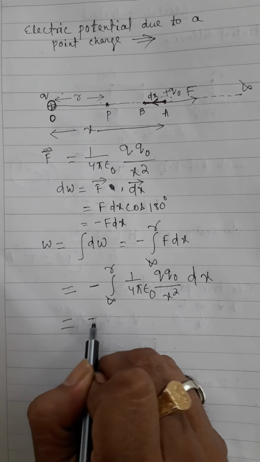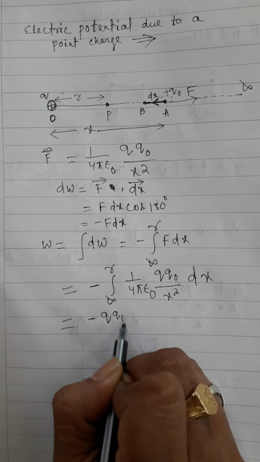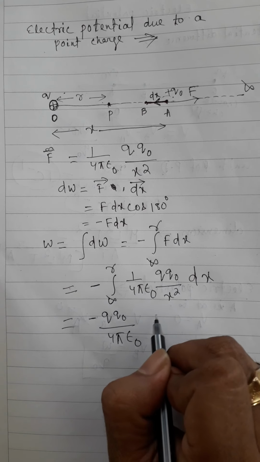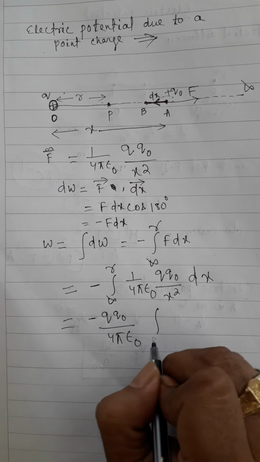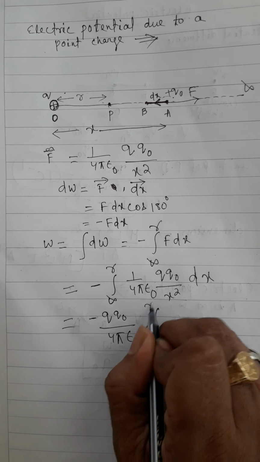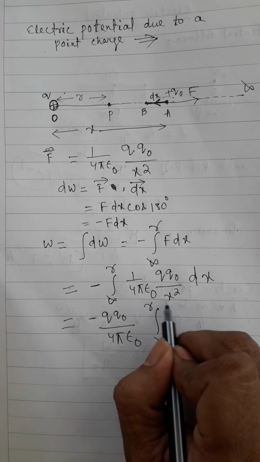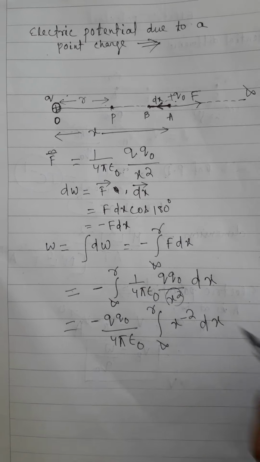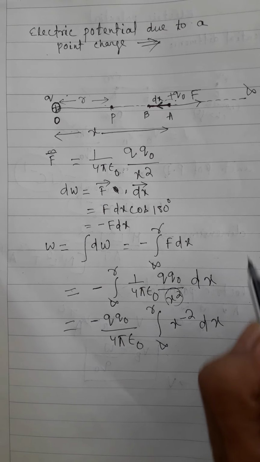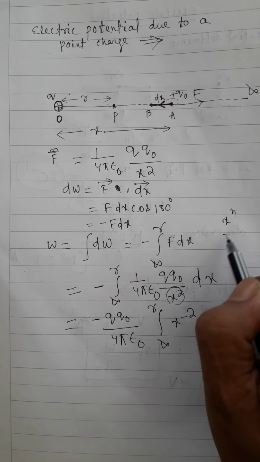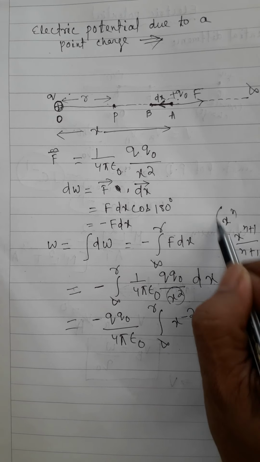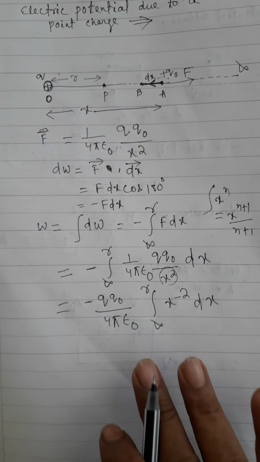Minus Q Q0 divided by 4 pi epsilon naught will come outside, and we have to integrate x to the power minus 2 into dx. The integration of x to the power n is x to the power n plus 1 divided by n plus 1.